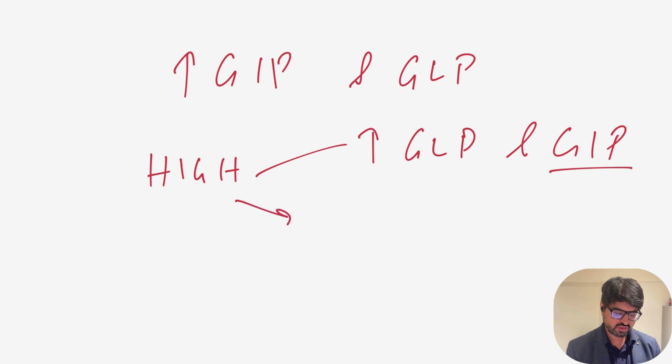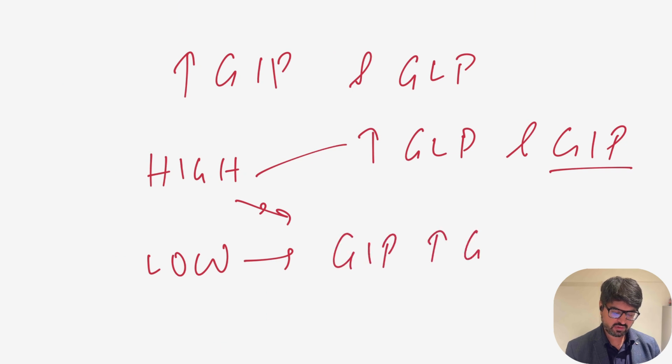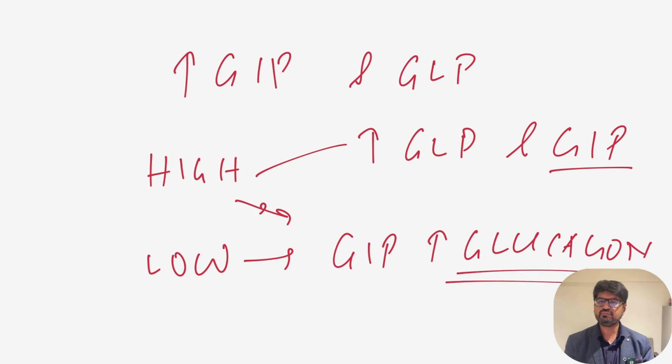Whereas when the blood glucose is low, GLP-1 would not do anything, but GIP would increase glucagon and hence correct the hypoglycemia. So this is the beauty of DPP-4 inhibitors, and that is the reason why DPP-4 inhibitors are very useful in preventing hypoglycemia as well as in preventing the glycemic variability.